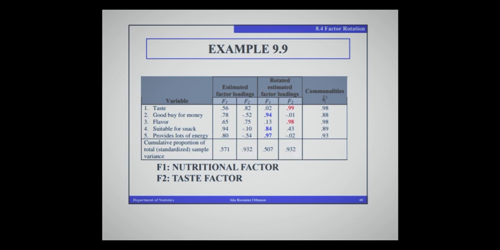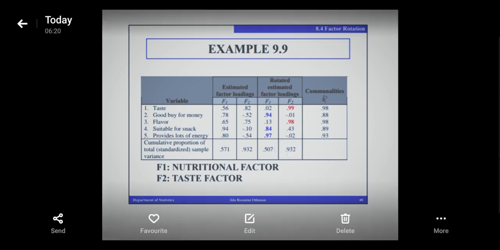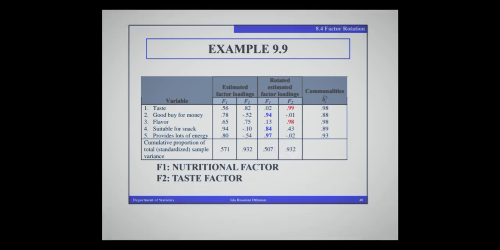It means we get the same result. Even using the estimated factor loading, we have two new factors, and using the rotated one the result is also 2, 0.93 here. So we can name the new factors for which we have grouped the variables.